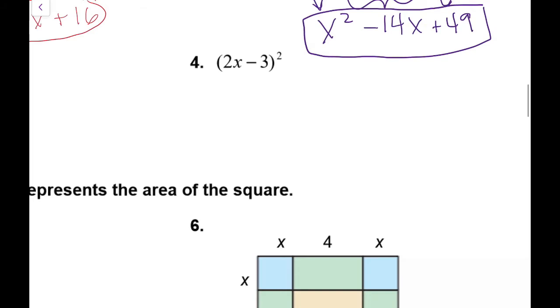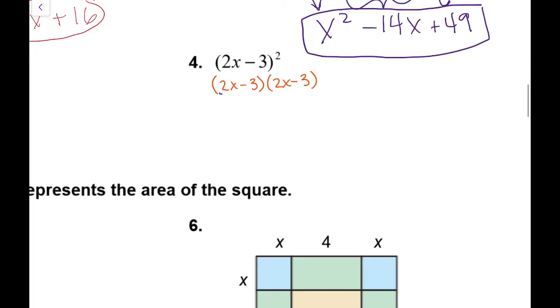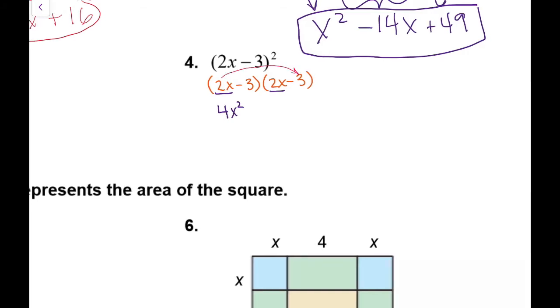Now we're moving over to number 4, 2x minus 3 squared. We rewrite it as 2x minus 3 times 2x minus 3. We multiply our first terms together, 2x times 2x, 2 times 2 is 4, and x times x is x squared, 4x squared. Then we take 2x times negative 3 to get negative 6x.